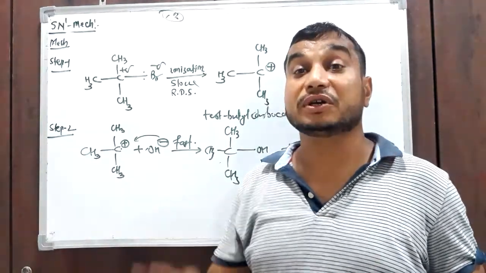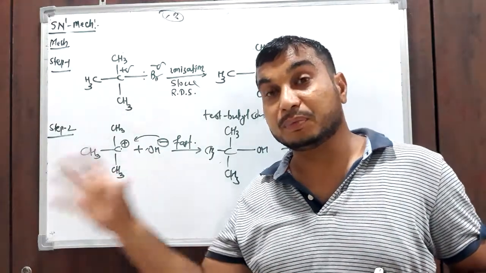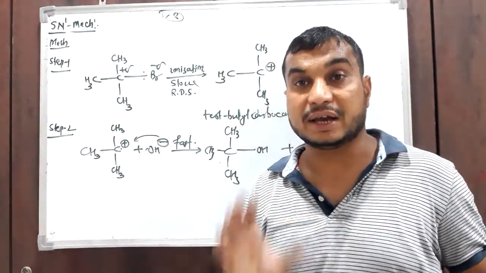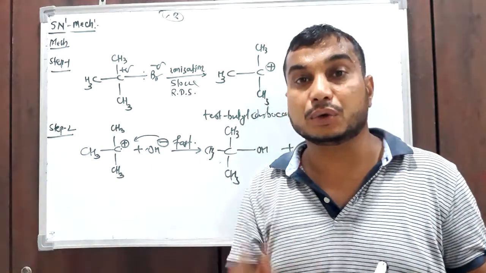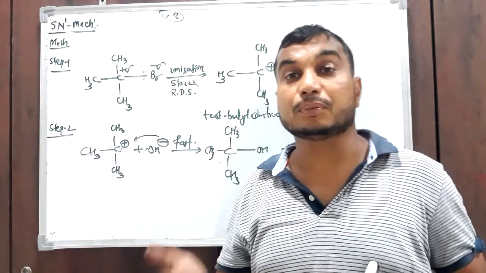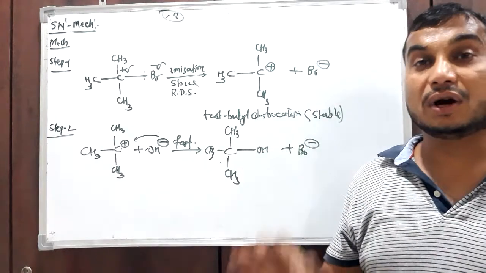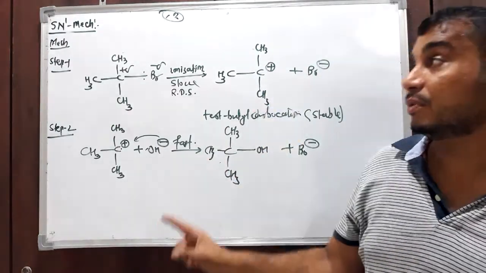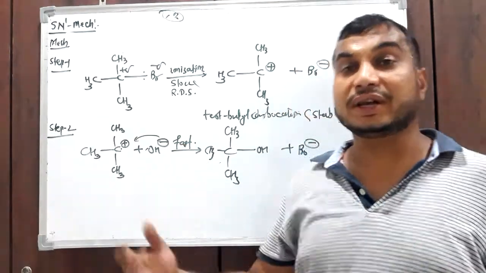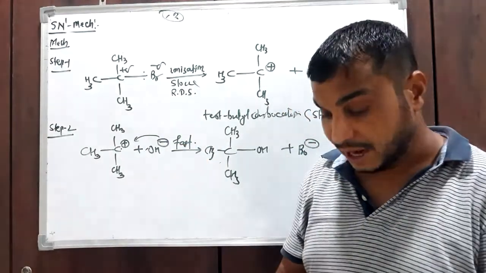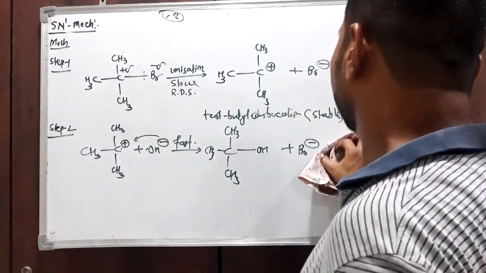Okay, the product is a racemic mixture, meaning the product contains 50% D form and 50% L form, 50% dextrorotatory compound and 50% levorotatory compound in the product. That's why the product is optically inactive. This is called a racemic mixture. So always remember, in SN1 reaction the product is a racemic mixture of D and L form. Okay, I will explain this racemization process by taking some proper reaction.